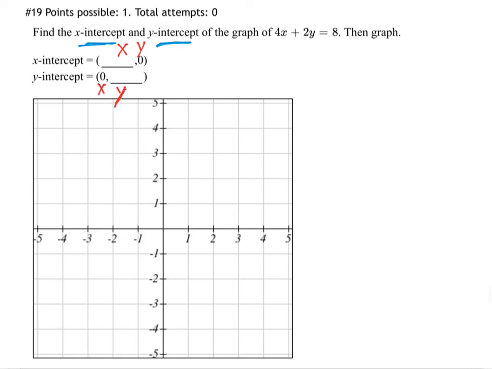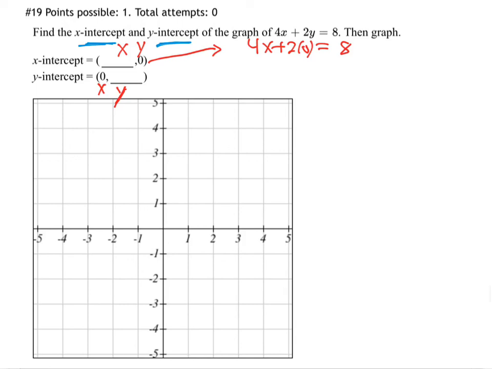So for the first one, for this X-intercept, notice that the Y value is already 0, isn't it? So that means I'm going to take this equation, 4x plus 2y is 8, and I'm going to plug in 0 for y right there. Everybody see what's happening? I'm just taking that 4x plus 2y equals 8 equation, and for the first X-intercept, they're making the y value 0.